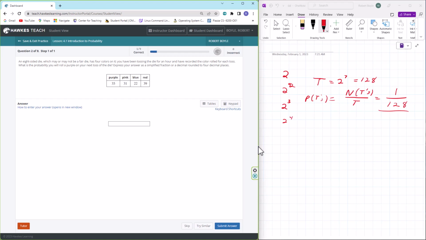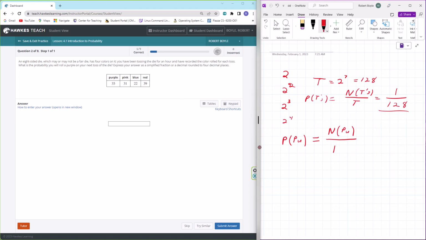Okay, well this is a relative frequency notion. So the probability of rolling a purple, I guess I should call that PU, not for stinky, but for purple, is going to be the number of trials where a purple actually showed divided by the total number of trials.